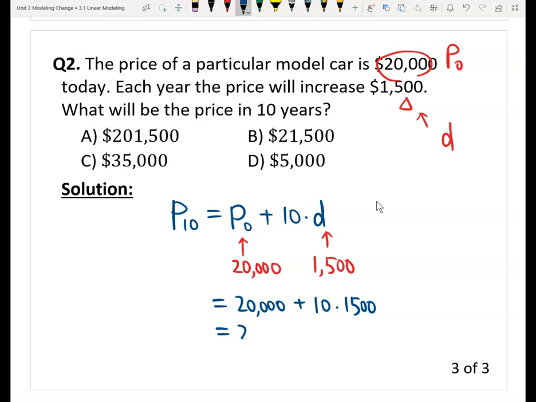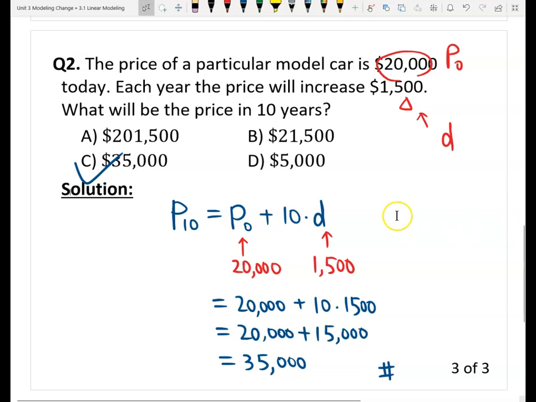So the calculation is 20,000 plus 15,000, right? Add them together, we get 35,000. See, and we get the answer. Therefore, it is 35,000. The answer is C, right? Okay, and that's all. Thank you.